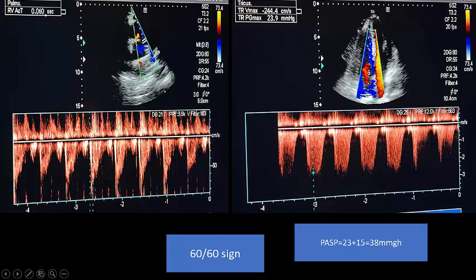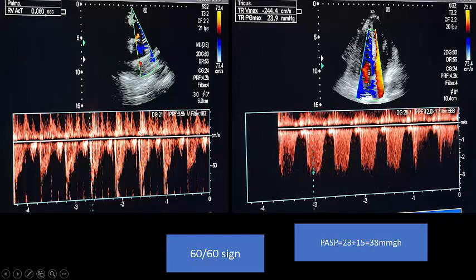The second 60 you get from the parasternal short axis view at the level of the great vessels. This is the aorta and this is the pulmonary trunk. You put the pulsed wave Doppler at the pulmonary trunk to look at the pulmonary artery flow. You will see the acceleration time, the time from the beginning of the pulmonary flow to the peak.